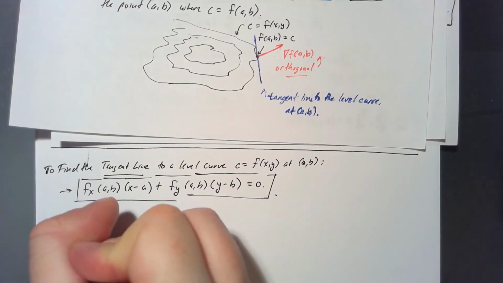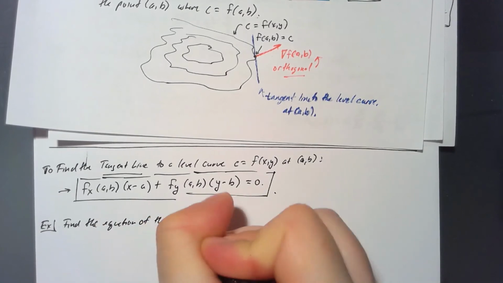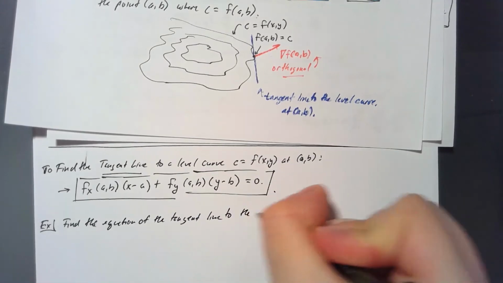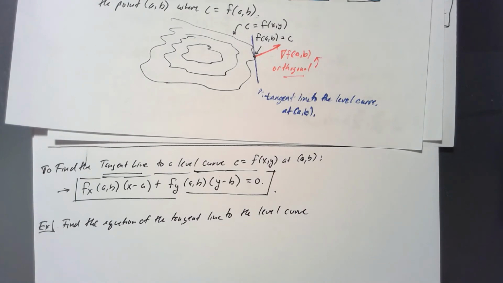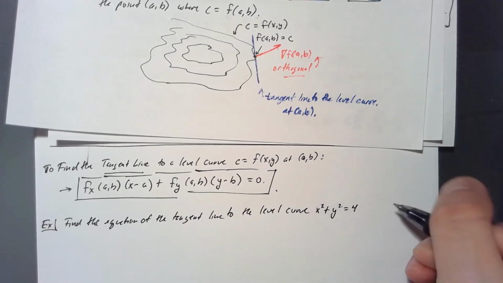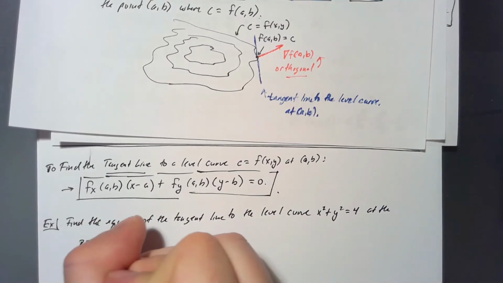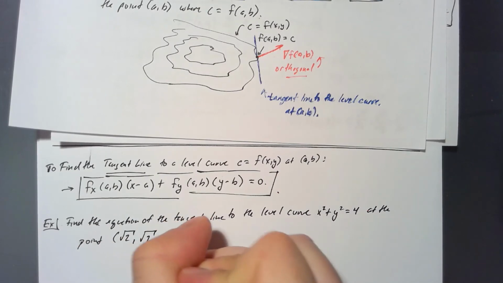Find the equation of the tangent line to the level curve x squared plus y squared equals 4 at the point root 2, comma, root 2.